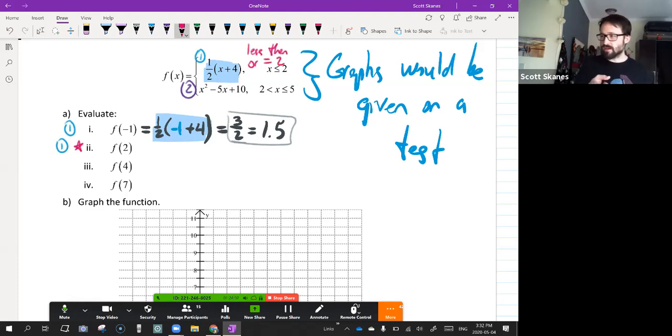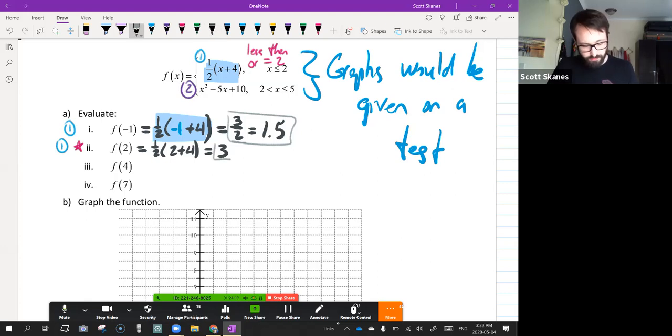So you're right. Thank you, Paddock. It is exactly the first function. It cannot be both. It has to be one or the other. And so in this case, it's the first one. 1/2 of 2 plus 4. That's 1/2 of 6, which is 3. So our answer here is 3.